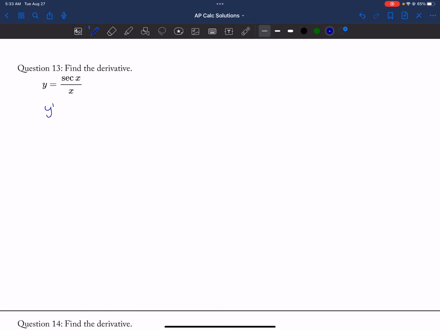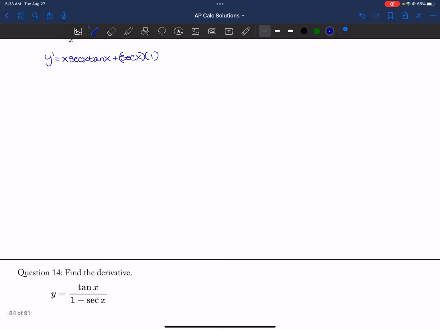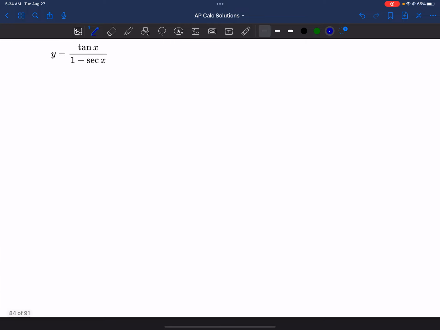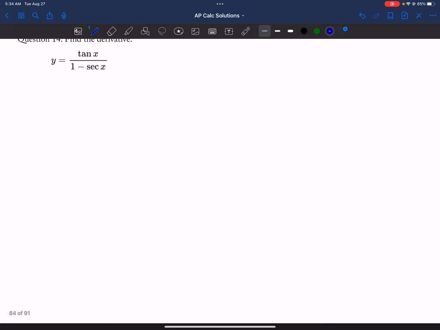So y prime, denominator times the derivative of the numerator, which is secant tangent, plus secant times the derivative of x, which is just 1. So y prime is x secant x tangent x plus secant x. And again, I wouldn't factor out the greatest common factor unless I'm trying to pick out the right solution.